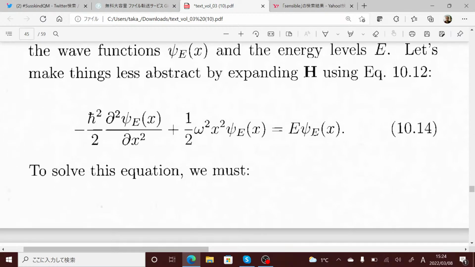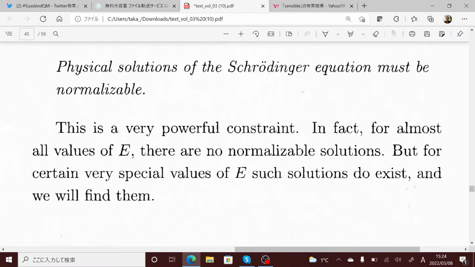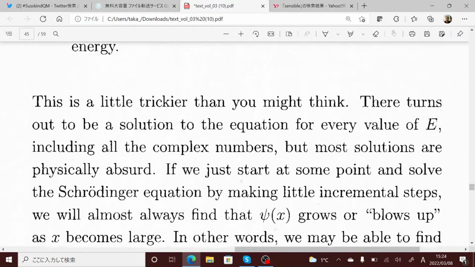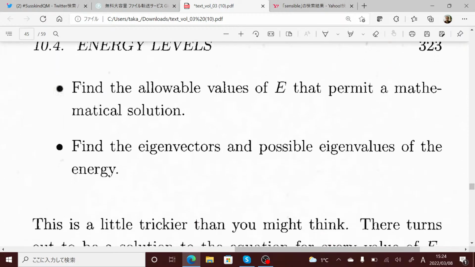To solve this equation, we must first find the allowable values of E that permit a mathematical solution.